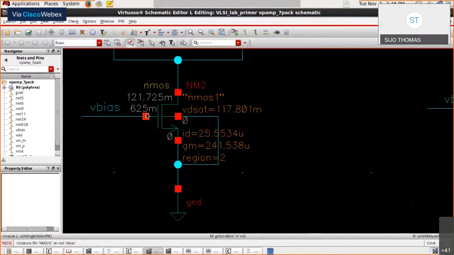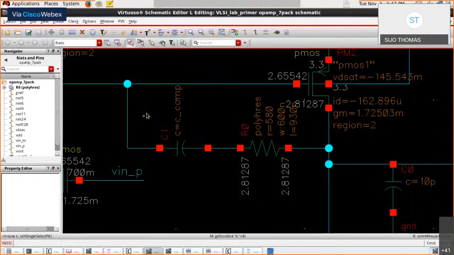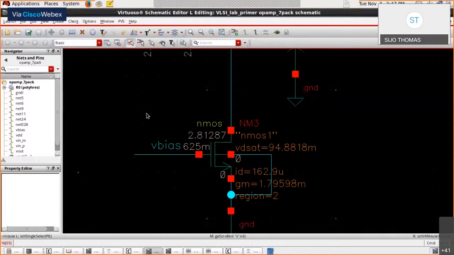You can also check the second stage. We're getting slightly higher; we designed it for 25 µA. Can you go up, Naveen?